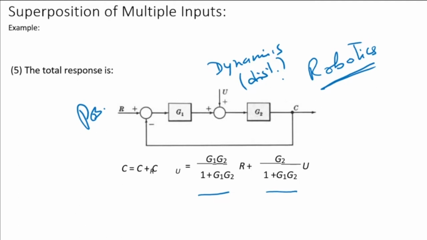Now as we proceed to linear control of manipulators, we are going to proceed to the next topic, which is linear control of manipulators.